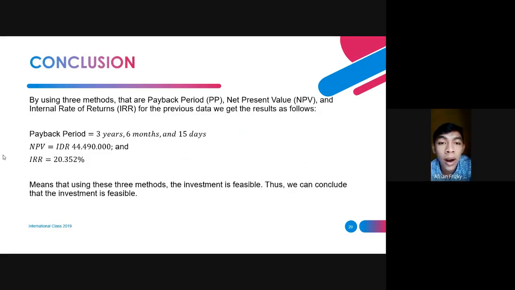Using IRR, we get 20.352%, which is greater than the discount factor or rate of return of 18%, so the investment is also feasible. So using the three methods, the investment is feasible in all. Thus, we can conclude that the investment is feasible.